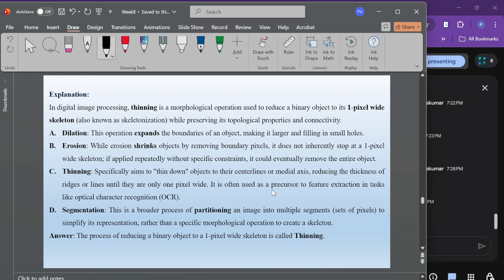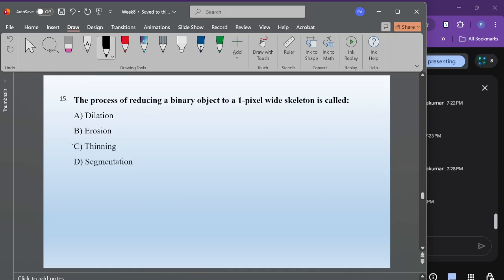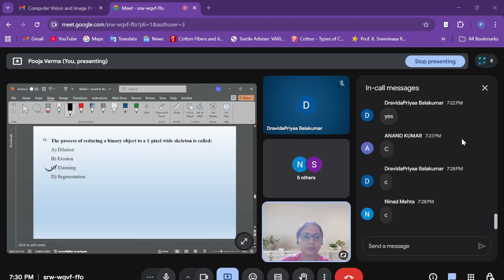Segmentation is a broader process of partitioning an image into multiple segments or sets of pixels to simplify its representation, rather than a specific morphological operation to create a skeleton. So the correct answer is thinning. Yeah, most of you gave the correct answer. Option C is the correct answer for this question.